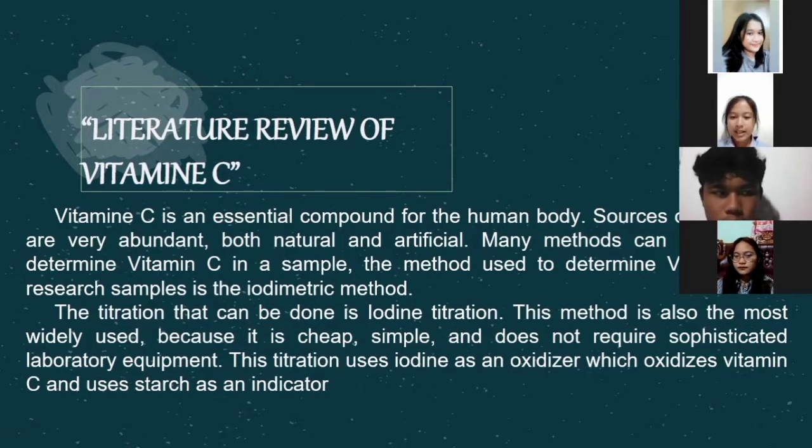This method is cheap, simple, and requires no sophisticated laboratory equipment. It uses iodine as an oxidant that oxidizes vitamin C, and uses starch as an indicator. I give it back to the moderator.